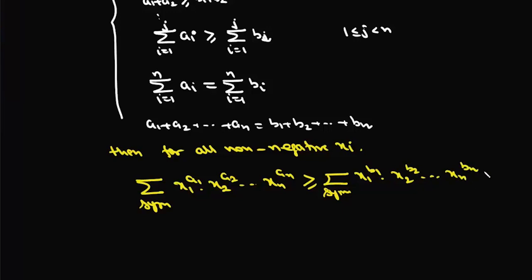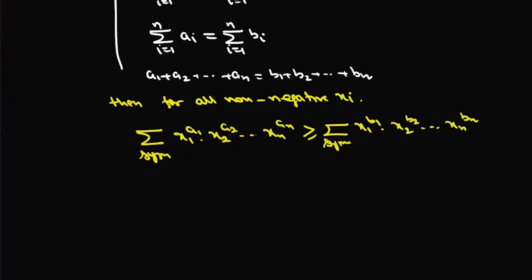If sequence ai majorizes sequence bi, then the symmetric sum of x1 to the power a1, x2 to the power a2, xn to the power an is always greater than or equal to that of x1 to the power b1, x2 to the power b2 up to xn to the power bn. Now we take up an example.